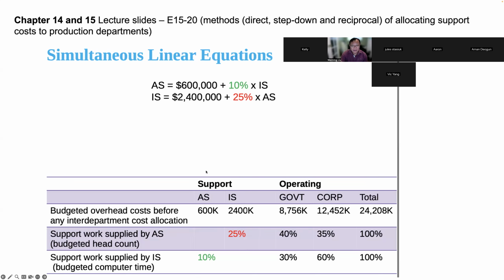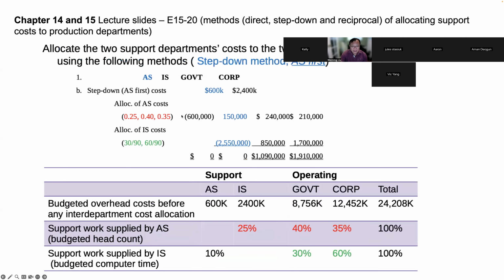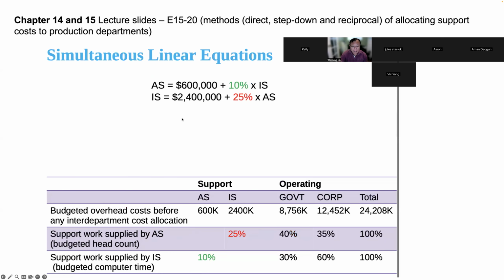So AS equals 600,000 plus 10% of IS, and then IS equals 2.4 million plus 25% of AS. So you can see there are two equations and there are two unknowns. So therefore, you are able to solve this equation, okay?